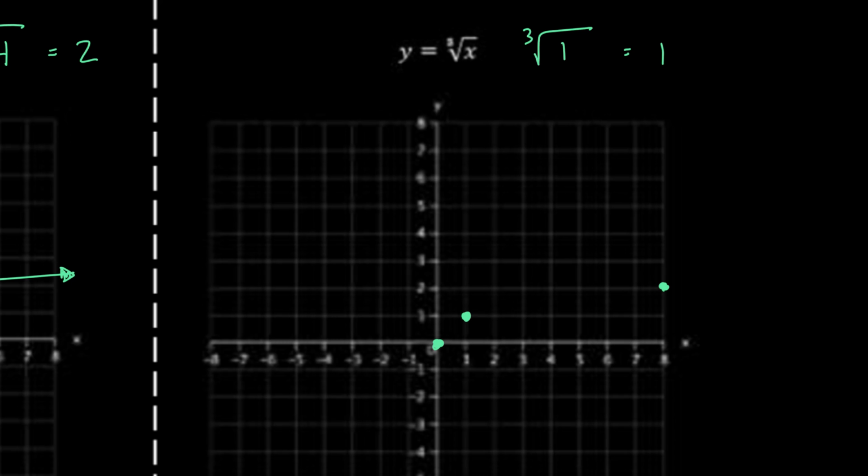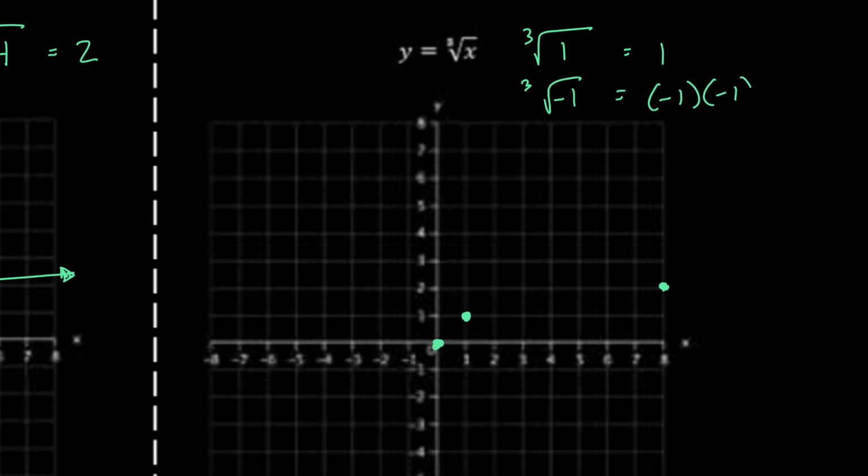Now, can you cube root negative numbers? Yes, you can, right? You ask yourself, okay, let's try negative 1. What times itself 3 times is negative 1? Negative 1, right?